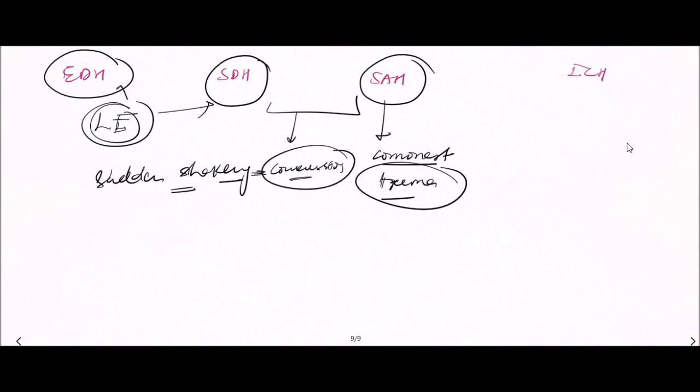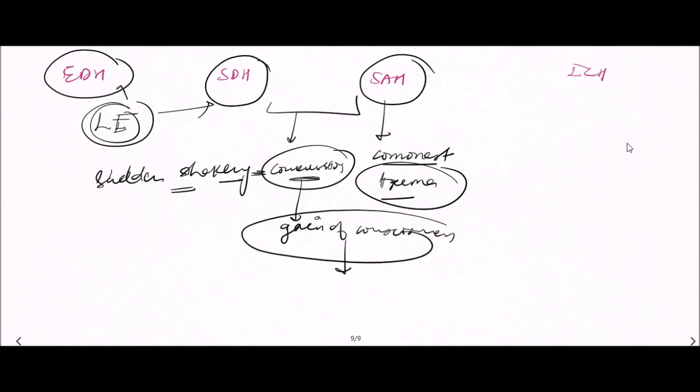What happens after this period of concussion? There is gain of consciousness. Then again there is loss of consciousness. This is the point where actual bleeding is occurring. Blood is collecting, and that is responsible for this loss of consciousness.